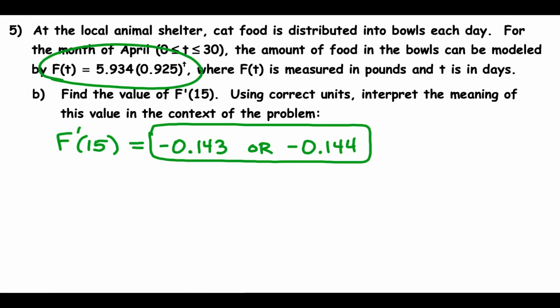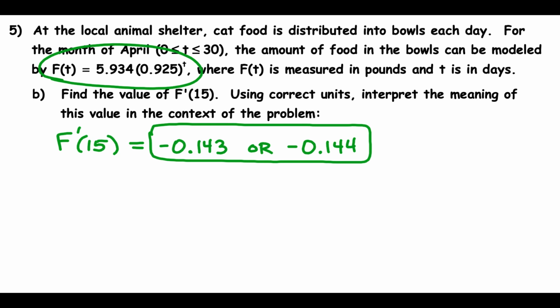Okay, so that's part of it. And then it also says using correct units, interpret the meaning of this. Well, f prime of 15, remember f is measured in pounds, so f prime is going to be pounds per day. And the rate at which the cat food in the bowls was changing is decreasing, as I mentioned, by 0.143 or 0.144 pounds per day on April 15th.